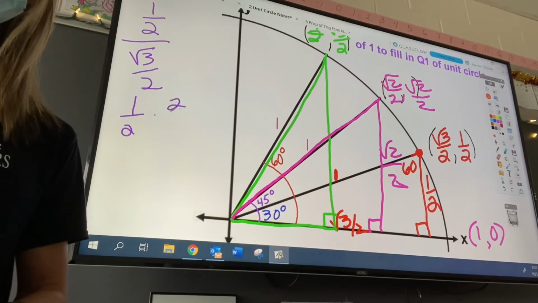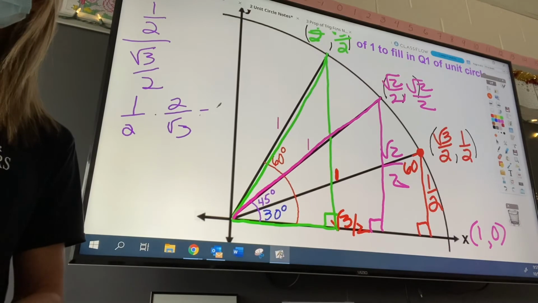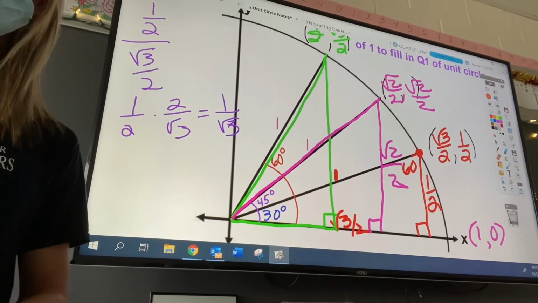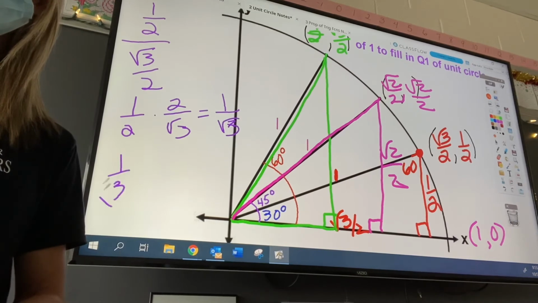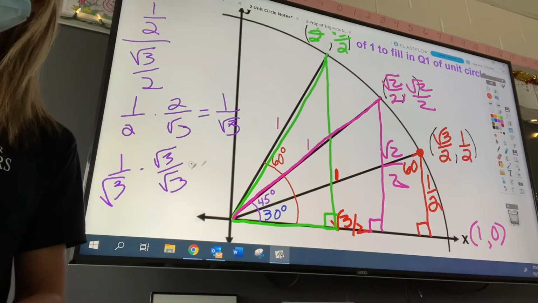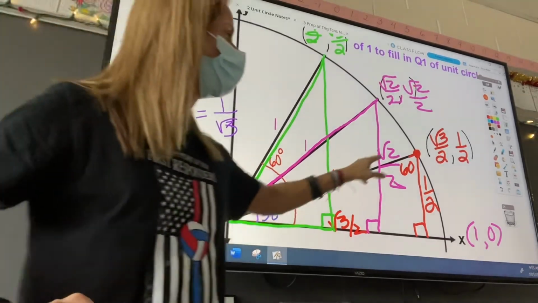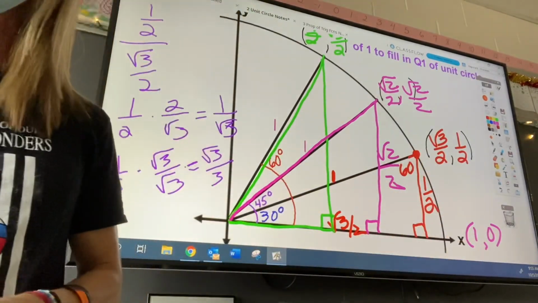This is why you don't have to write this all down. The 2's are going to cancel, and you'll end up with 1 over root 3, which we don't leave that way. We have to rationalize, and we get root 3 over 3. So the tangent of 30 degrees is root 3 over 3. I'm just going to write it over here.